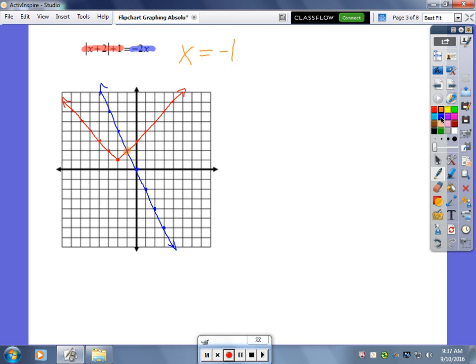Now, when we solve this equation algebraically, and we will be solving the exact same equation algebraically in the next lesson, you will find 2 solutions, and we will talk about that because one of them is called an extraneous solution. Extraneous solutions are solutions that make no sense, that we cannot find on the graph.